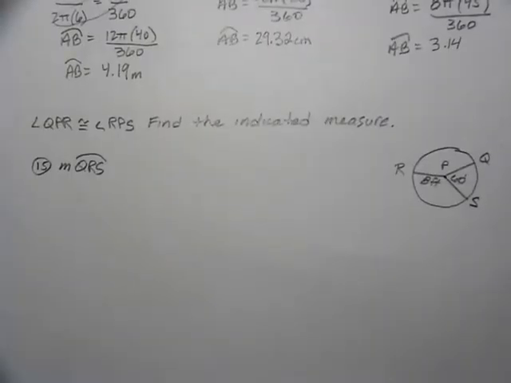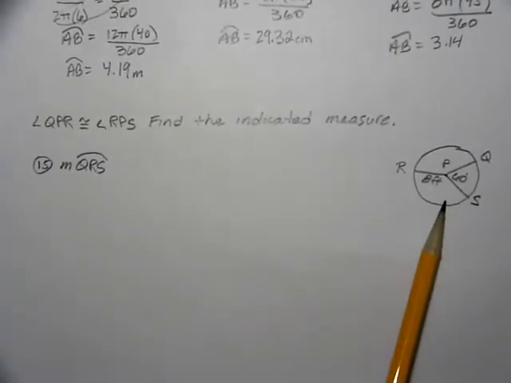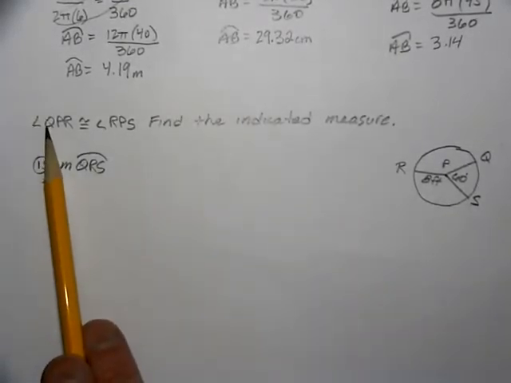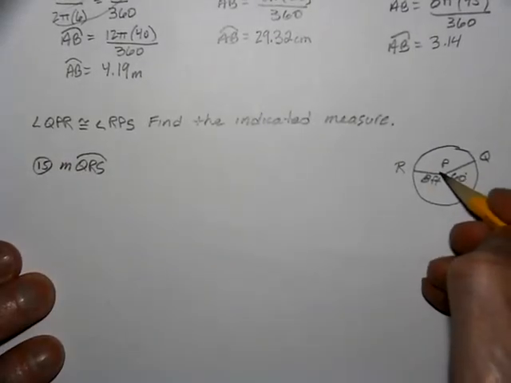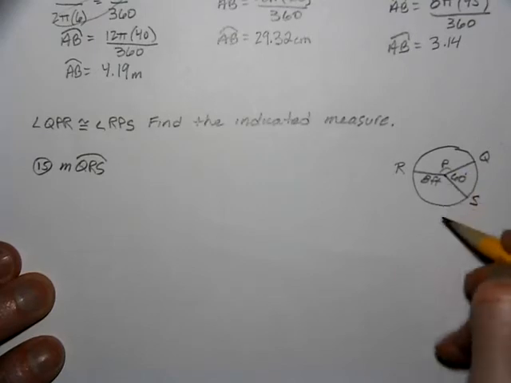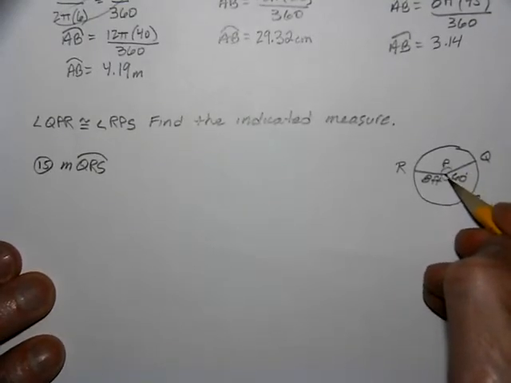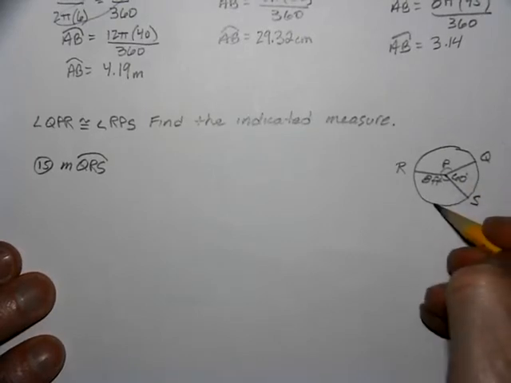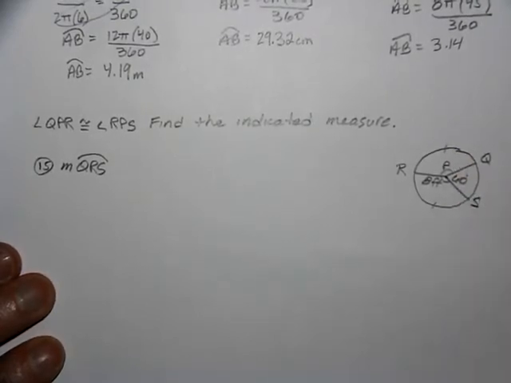For our next questions with number 15, we have our figure drawn. Angle QPR is supposed to be congruent with angle RPS. When your central angles are congruent, then you know your intercepted arcs are also congruent.